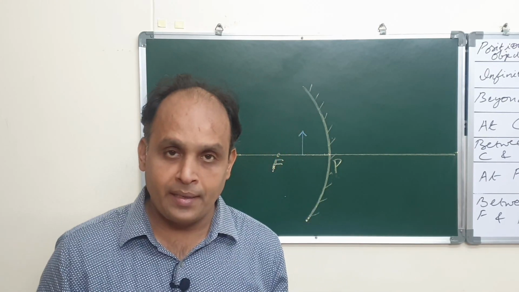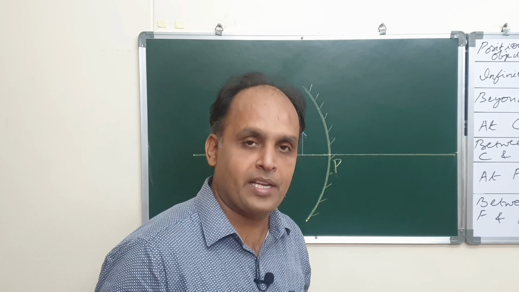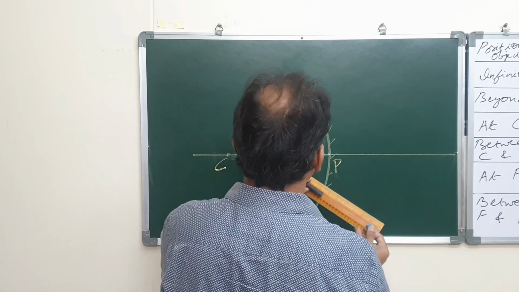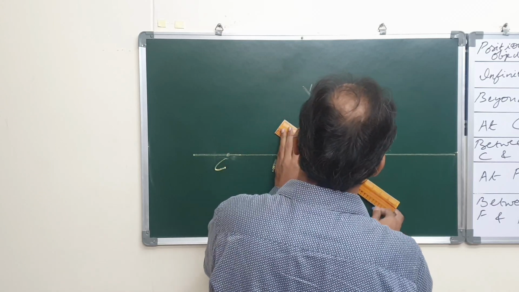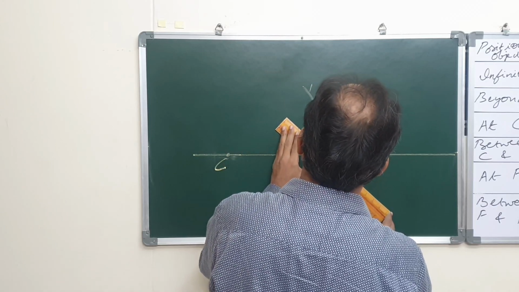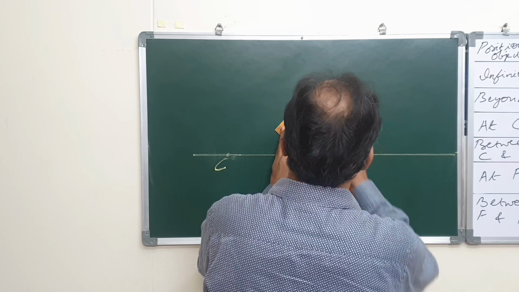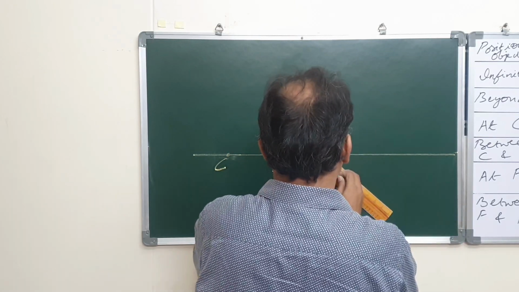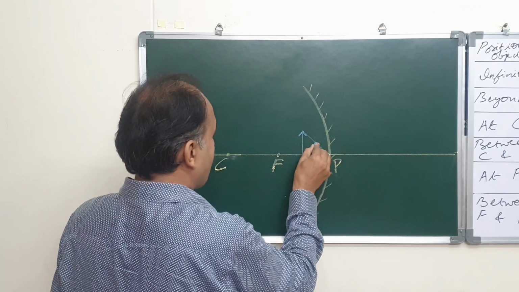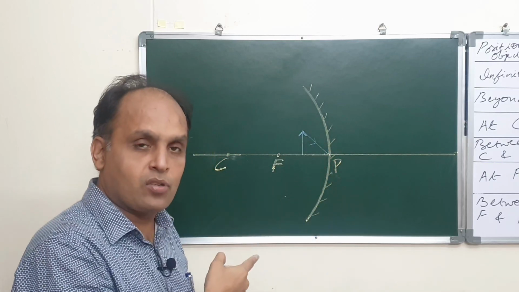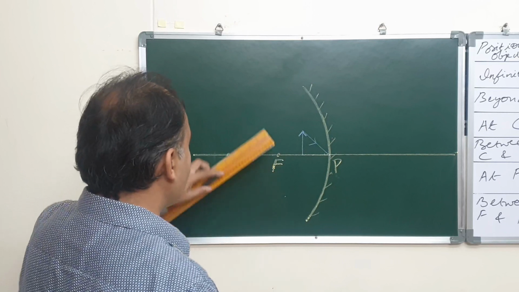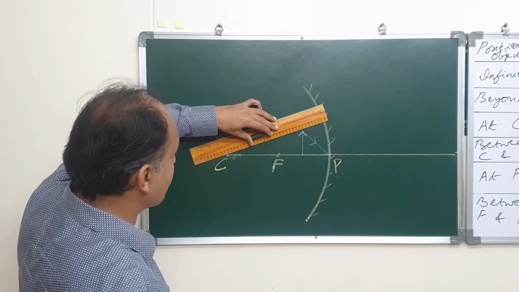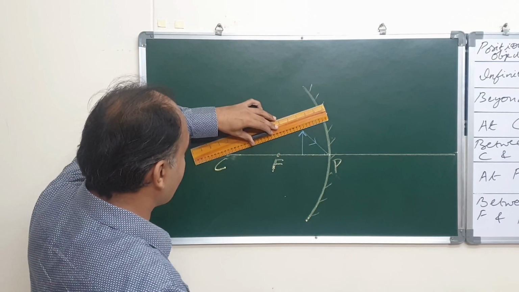The reason being, I'll be explaining you while I am constructing the diagram. So this is one ray I have drawn to the pole, and the other ray I am going to draw perpendicular to the mirror, which obviously goes through center of curvature after reflection.